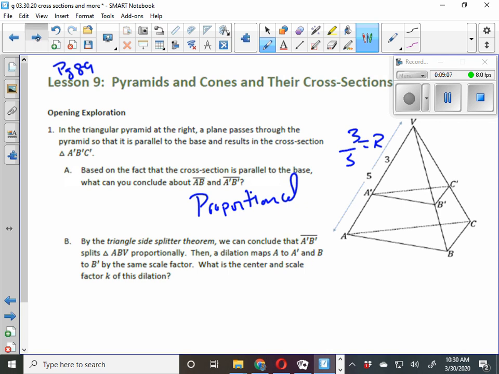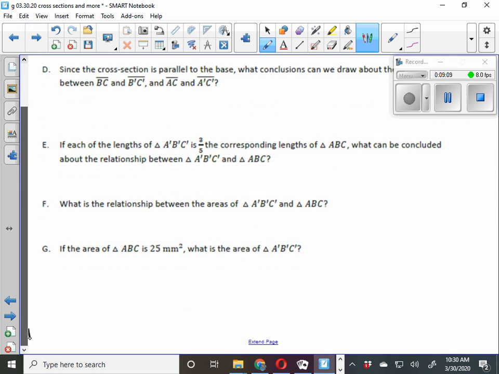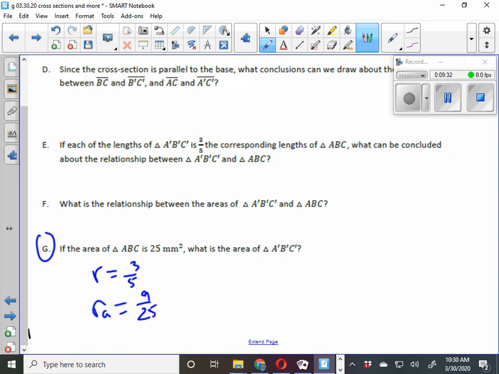When you get to questions like G down here, they're saying that the area is also proportional, and we've done this before, right? We know that if the ratio of the sides is 3 to 5, then the ratio of the areas is 9 to 25.